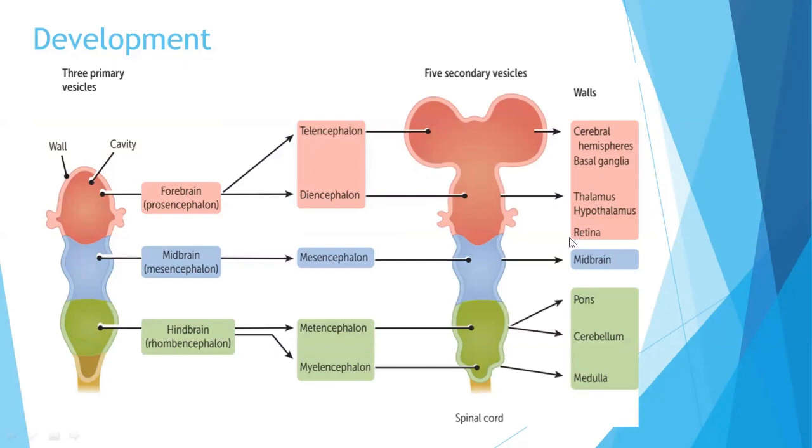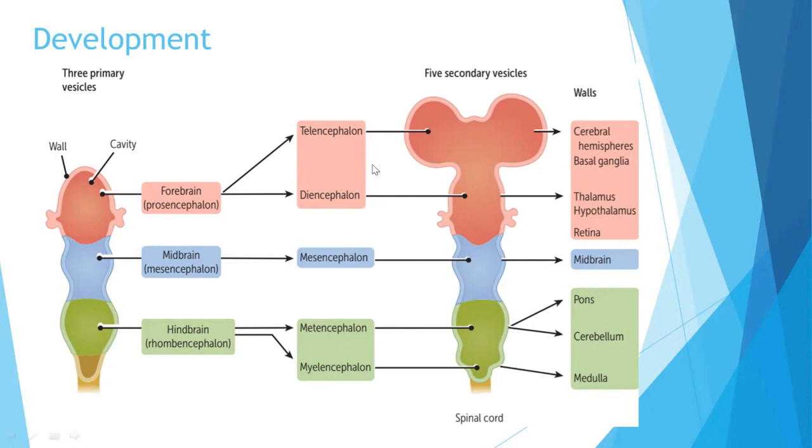Now, before finishing, I do want to discuss one important concept that is very frequently tested in examinations. There are three primary vesicles: prosencephalon, mesencephalon, and rhombencephalon. The prosencephalon develops into telencephalon and diencephalon, and the rhombencephalon into metencephalon and myelencephalon.